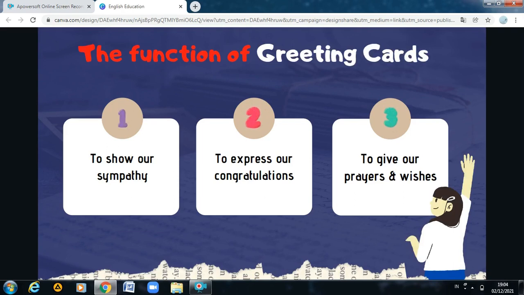Okay, in this slide, we mention the function of greeting card. So, the exist for this slide: I use moving icons with different colors on the numbers 1, 2, and 3 in the circle. This certainly makes it easier for students to understand what I mean in this slide. So, how about the deficiency for this slide?